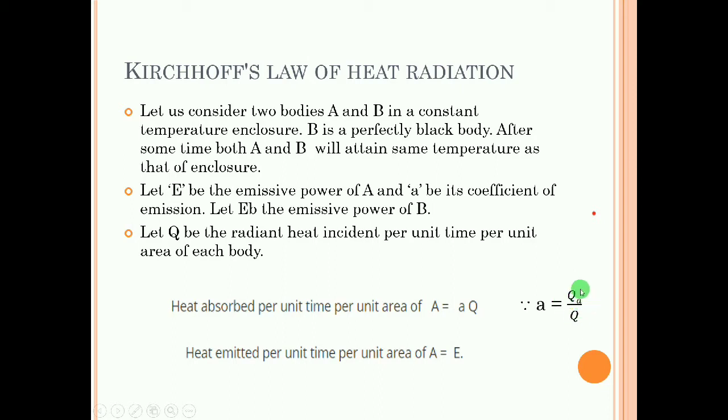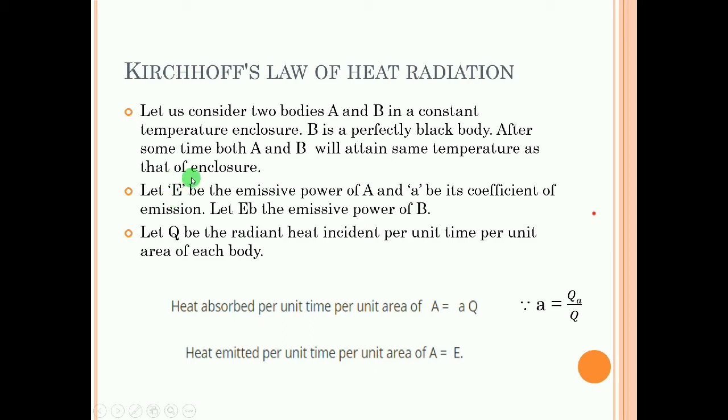So the quantity of heat absorbed per unit area per unit time, Q_A, will be equal to a into Q. Heat absorbed per unit time per unit area of A is equal to a into Q.